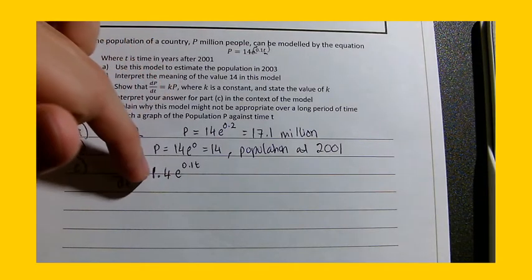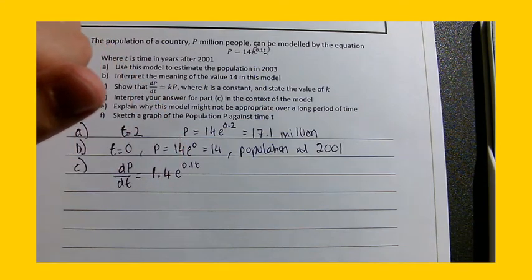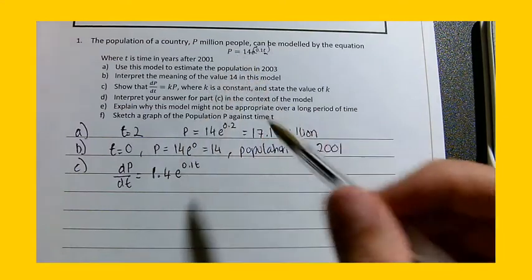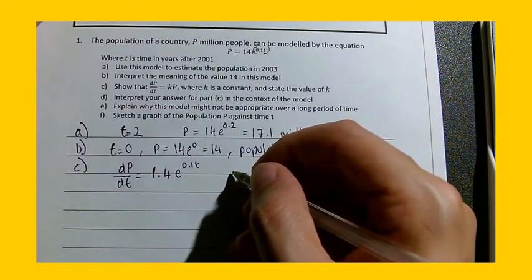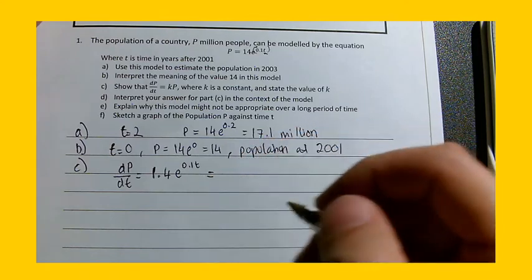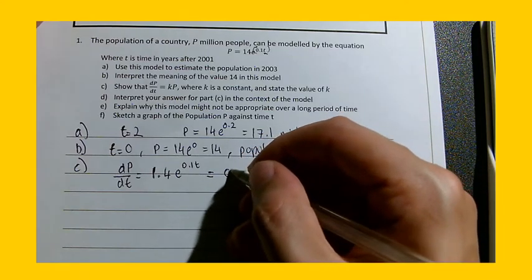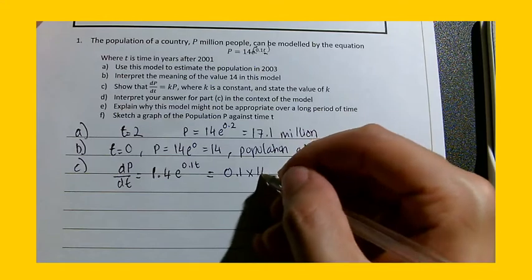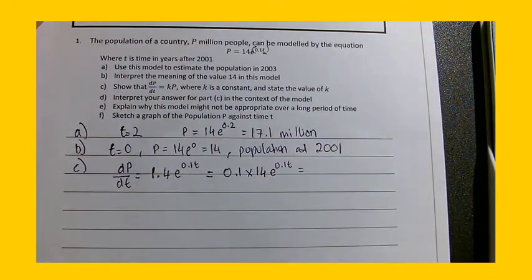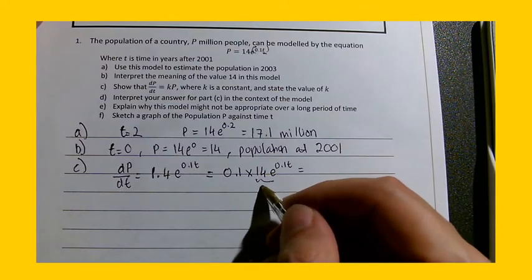So we have got 1.4e to the 0.1t, so we need to replace something here with P. Now this here, if you think about it, was originally 0.1 times 14e to the 0.1t, and hold on, isn't that P?